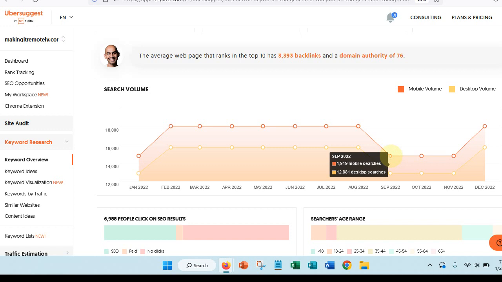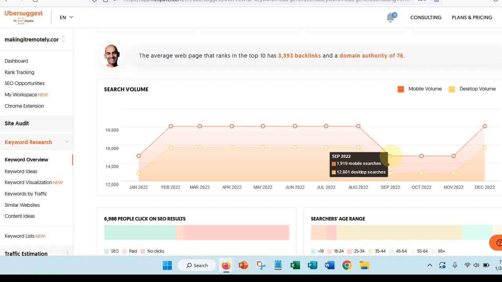So if most of your audience is looking at your content on a desktop, this would definitely be a good search volume for you to pursue in writing about.